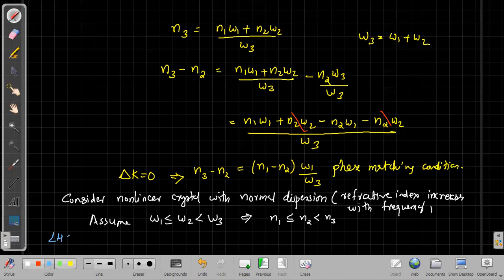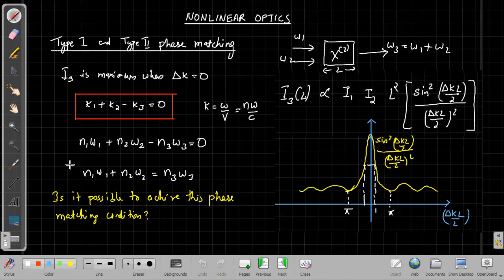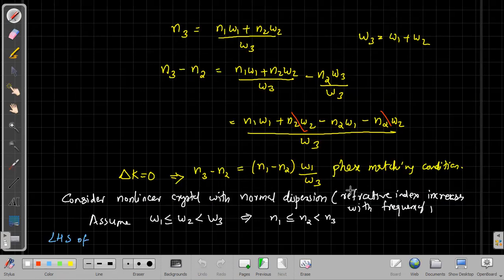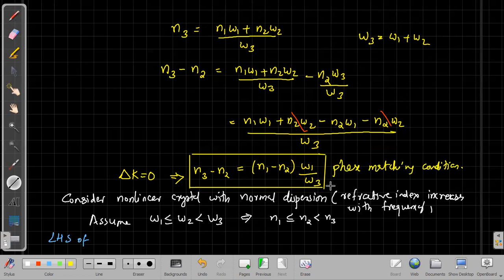Okay, so this is the first phase matching condition, that we can put as equation number 1, and this can be put as equation number 2, and this condition equation number 3.